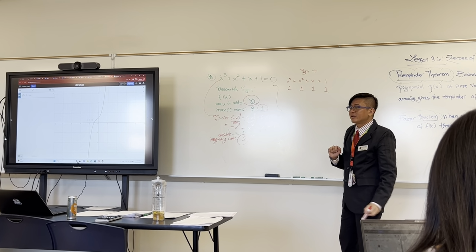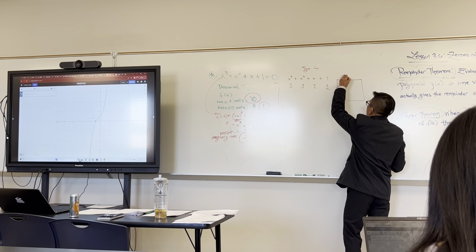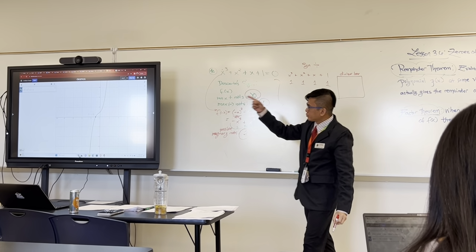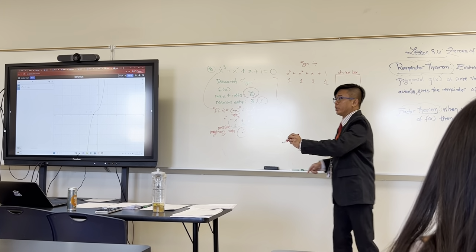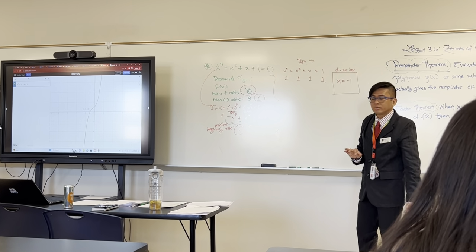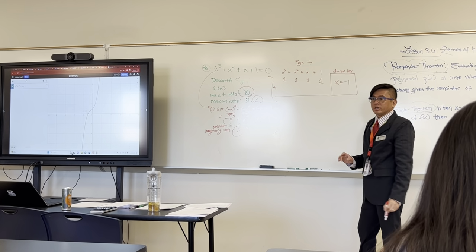On our divisor box, we're gonna put one of the factors, x equals negative 1. Let's get the quotient.